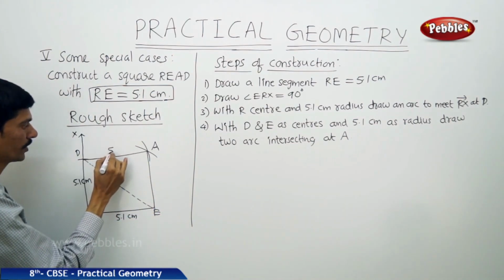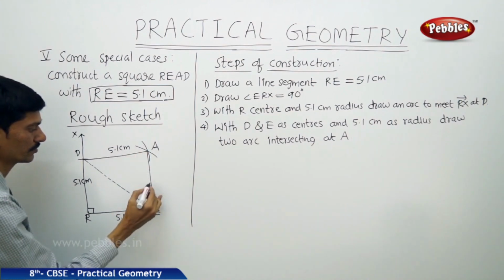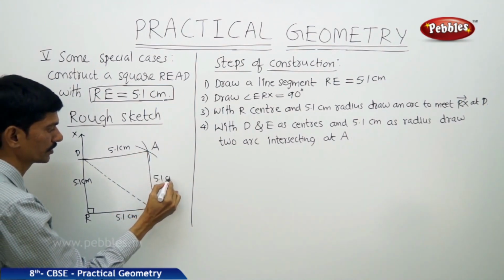So DA is 5.1 centimeters and even AE also 5.1 centimeters.